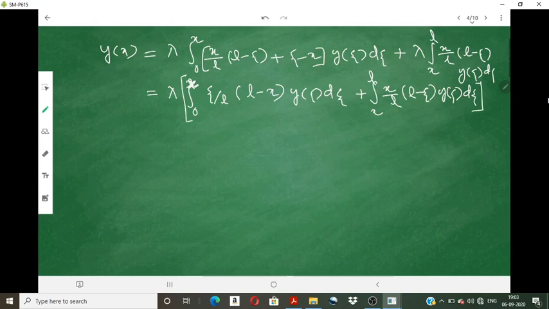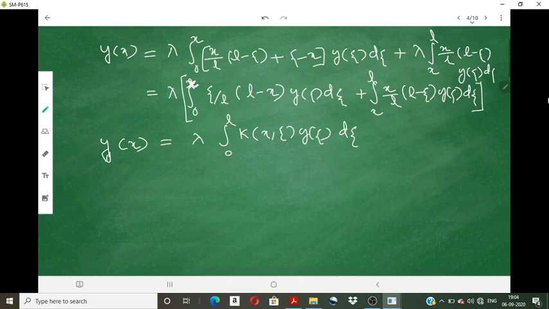Or we can write this as lambda into integral 0 to L k of x theta y theta d theta.